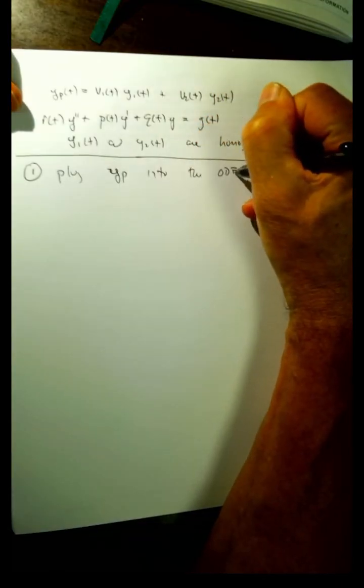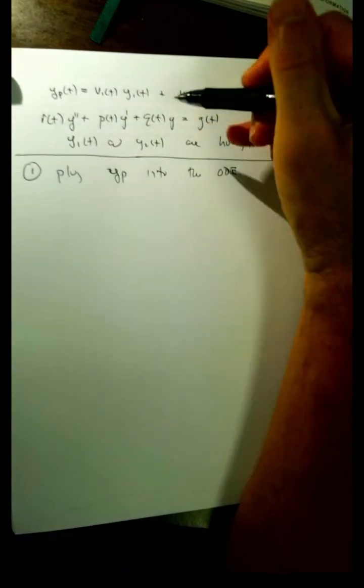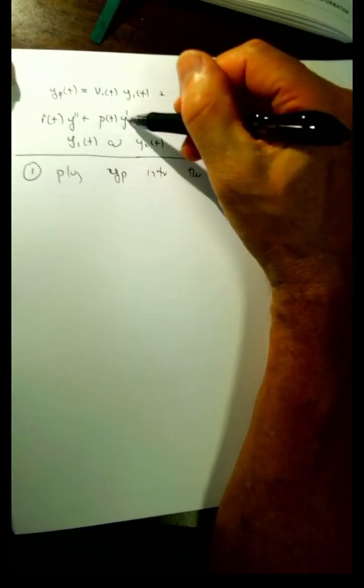So I'm going to plug yp into the ODE. Now in order to do that, I've got the function, I need to take its first derivative and its second derivative. To take its first derivative, I'm working now with this function. I have to use the product rule because I have v1 times y1 and v2 times y2.